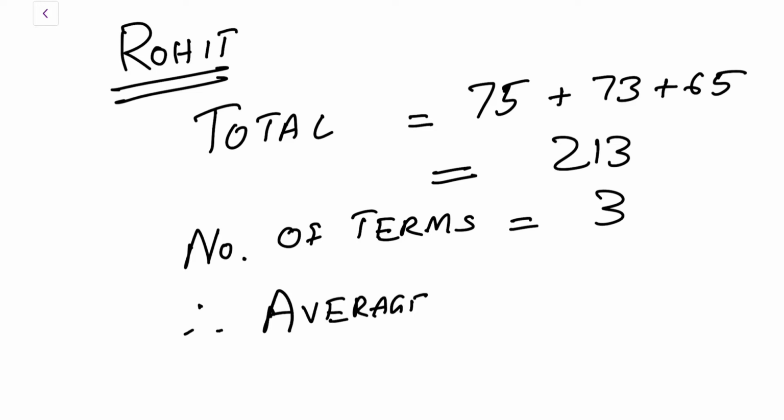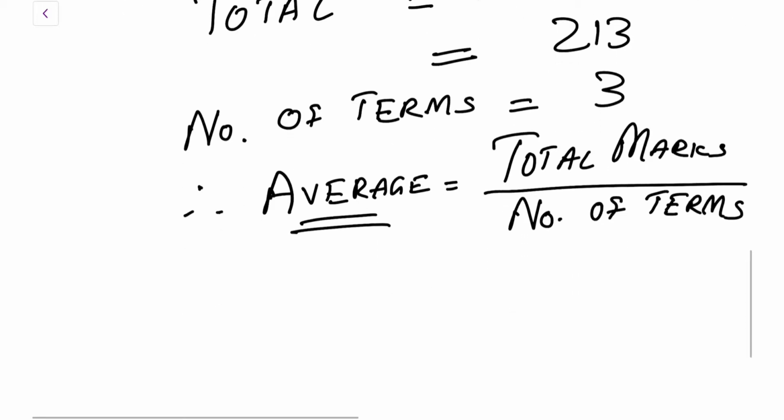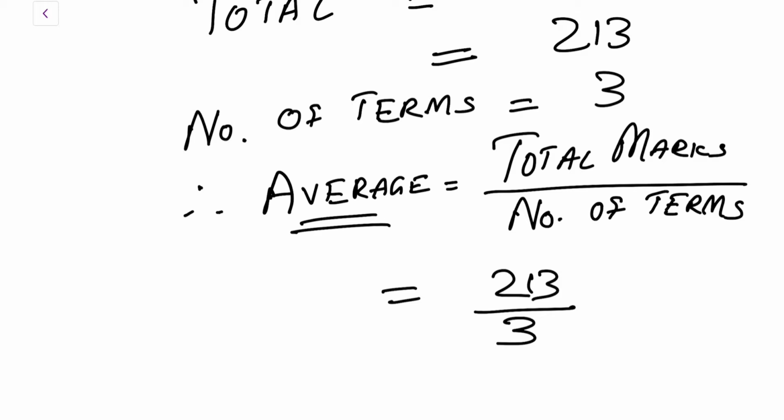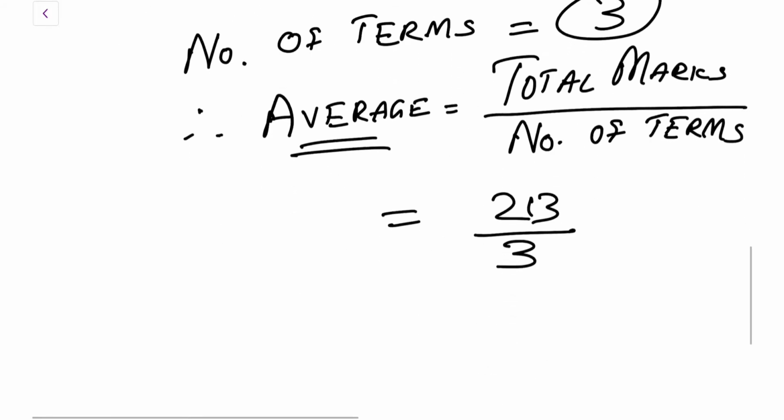Average will be total marks divided by number of terms. Perfect. So now you can calculate the average of Rohit. Total marks is 213 divided by 3, the number of terms. That comes to 71. So this is Rohit's average score.